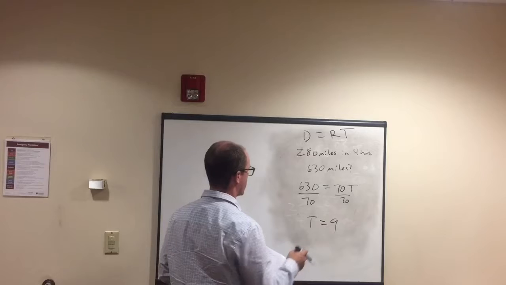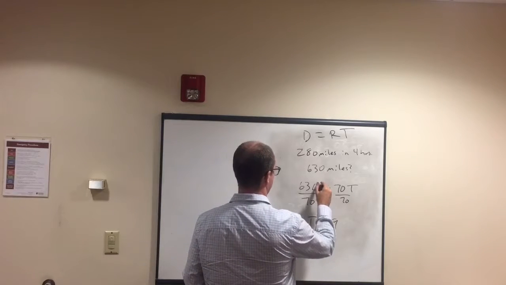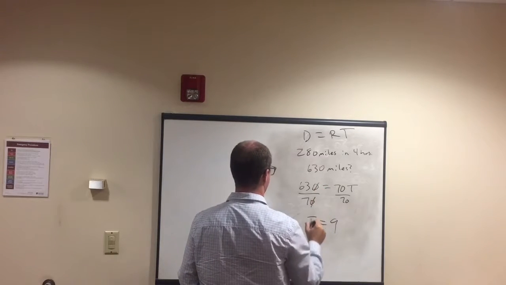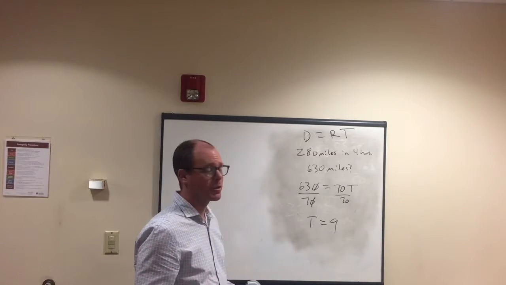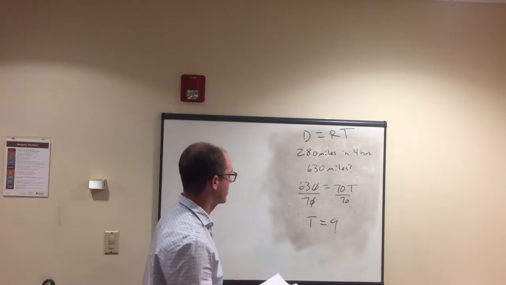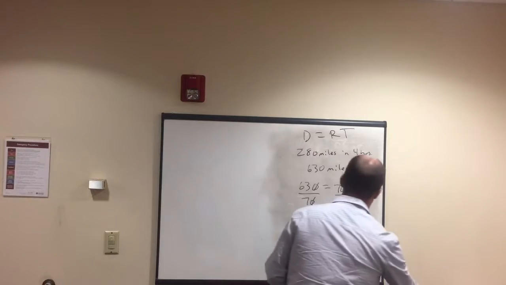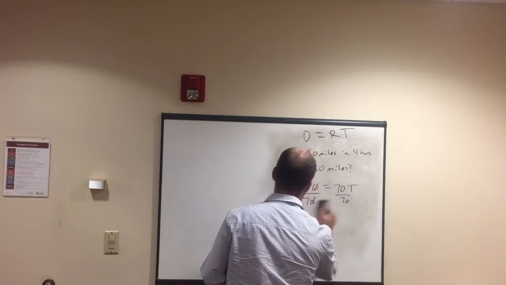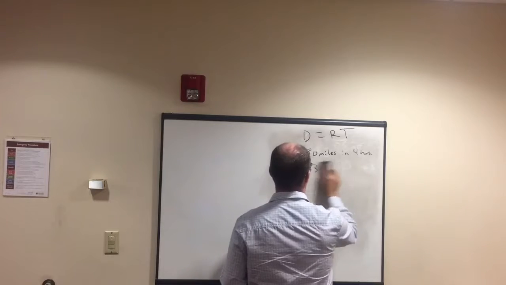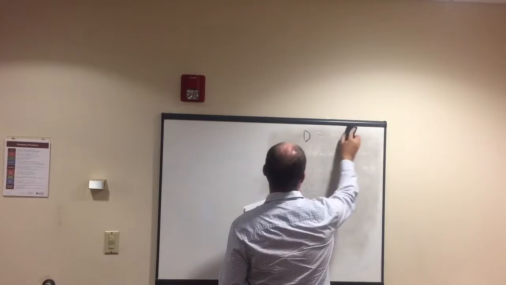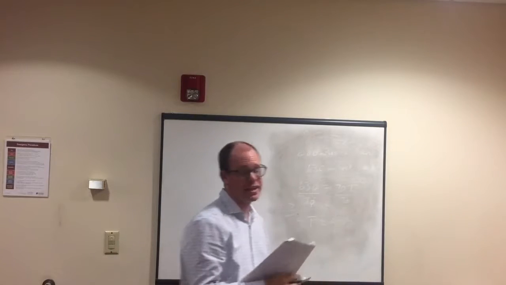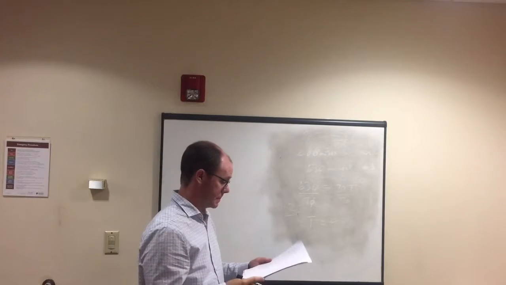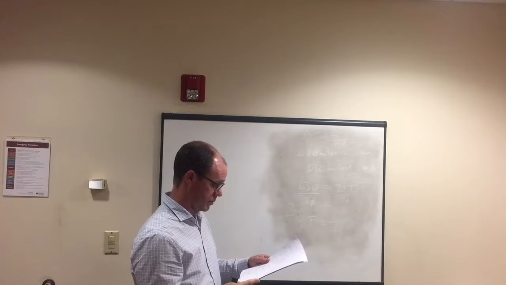If you didn't know, when I have a 0 here and a 0 here, I can cross those out, and then it's just 63 divided by 7, which equals 9. Anyway, that's our answer, 9 hours. So you will see some distance equals rate times time type questions, also just called distance questions. Gotta be able to do stuff like that. That would be a pretty hard one on the test.